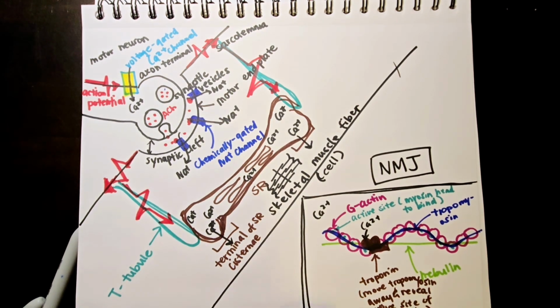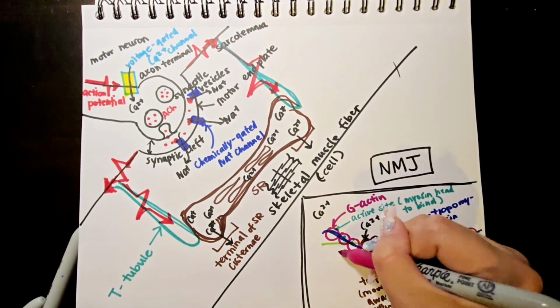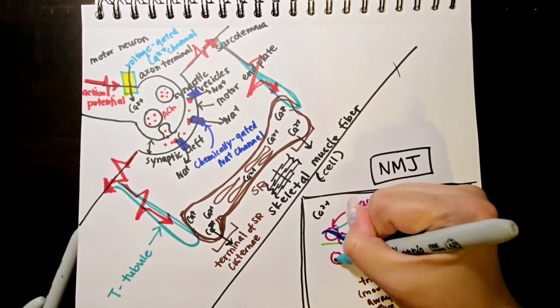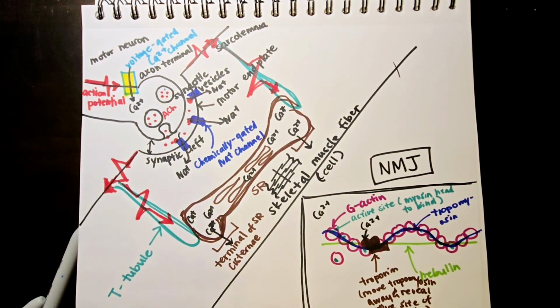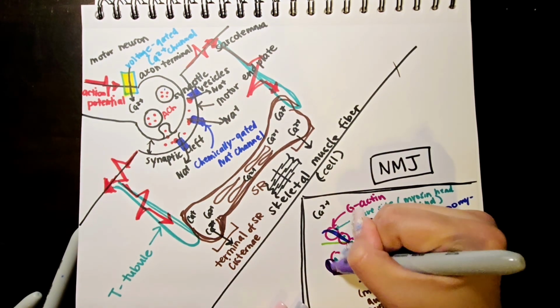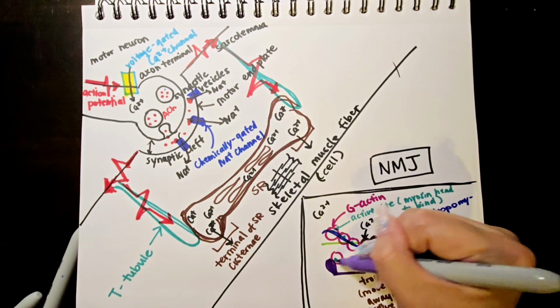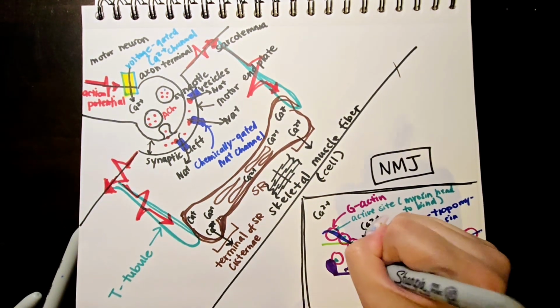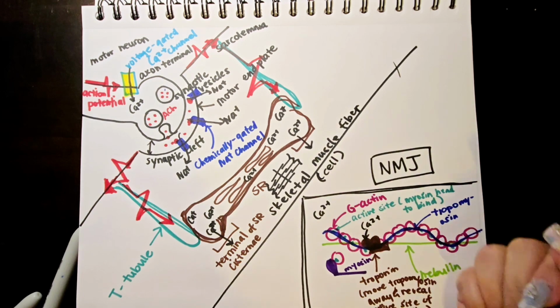so that once the green dots, the active sites, are available, you have the thick filament and its myosin head that can bind to form what we call a cross bridge. Okay, so this is myosin, and that's the myosin head.